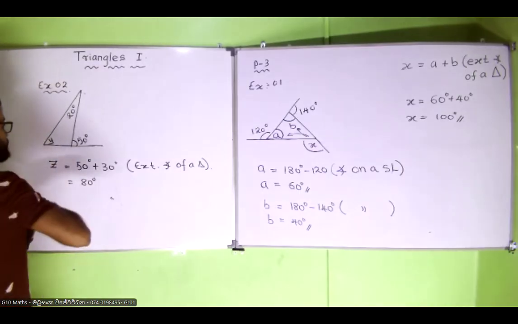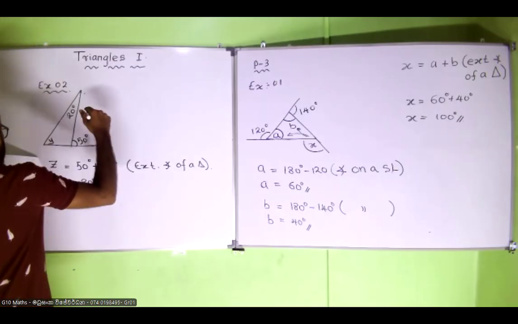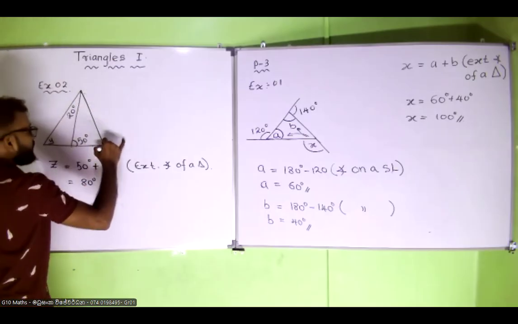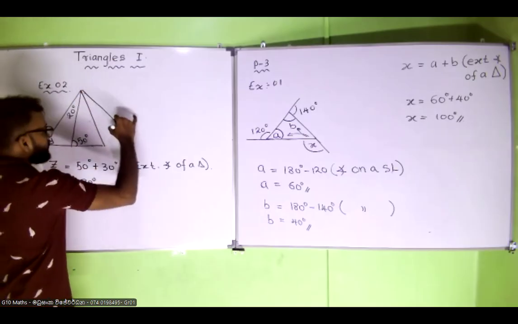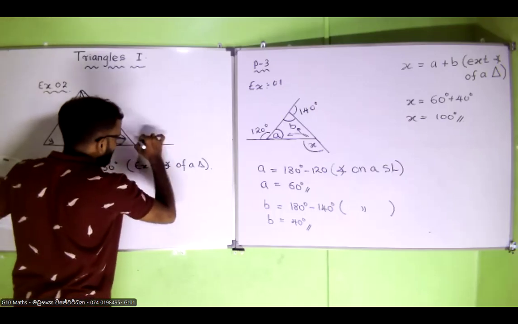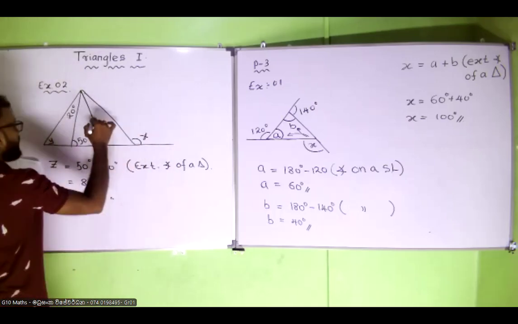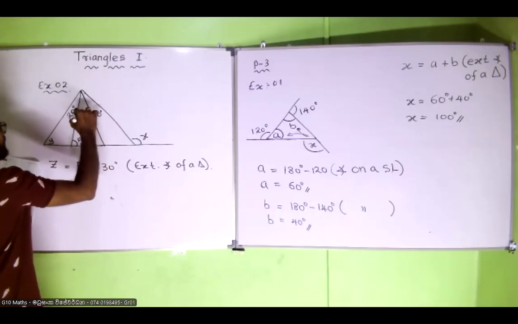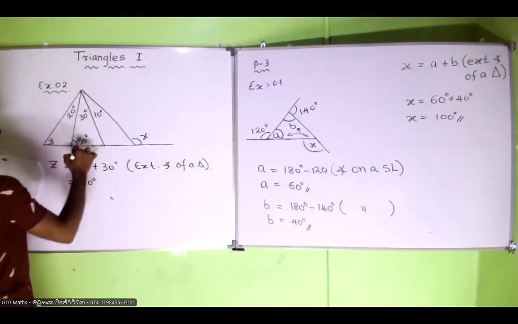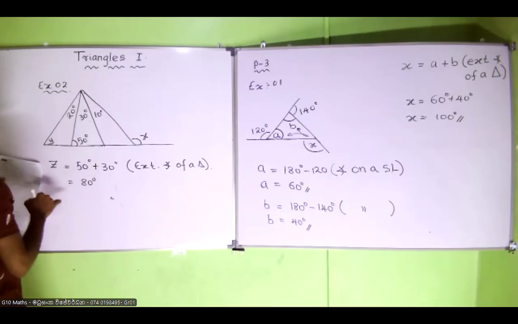Right, I will draw the picture. So it is something like this. 30. This is x. This is x. And this is 10 degrees. This is 30 degrees. This is 50.